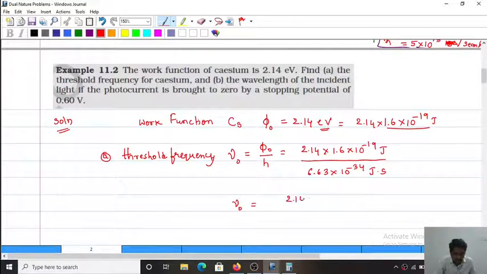Therefore the frequency is given by 2.14 into 1.6 divided by 6.63, and the powers of ten, minus 19 and minus 34, combine to give 10 power 15, second inverse.